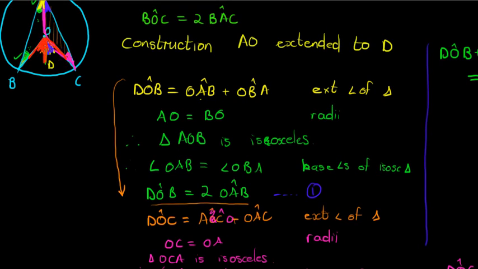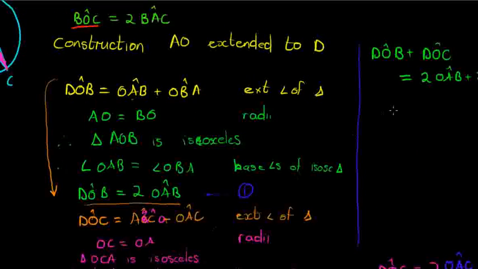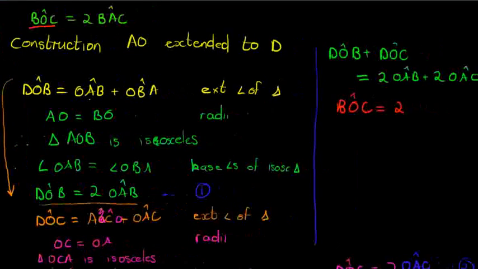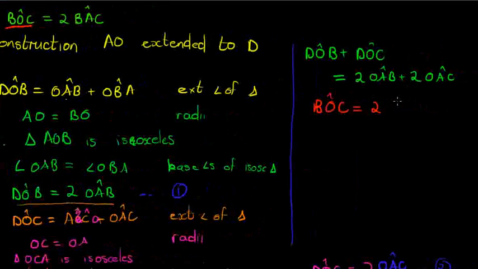Those 2 angles make up angle BOC. So if we add those 2 together, we get angle BOC is equal to 2. I take 2 out as a common factor, and I'm left with OAB plus OAC.